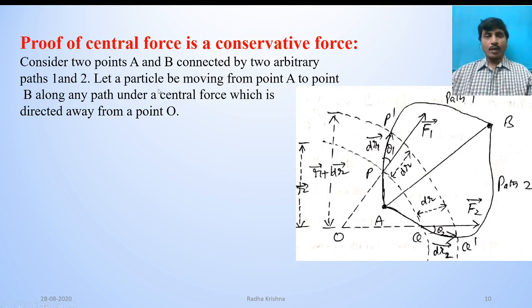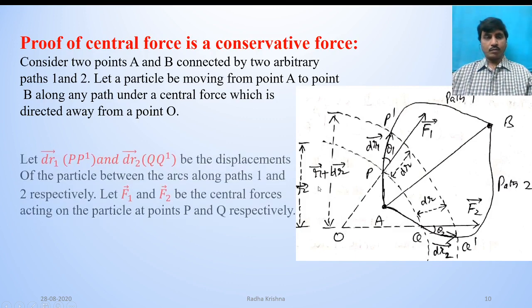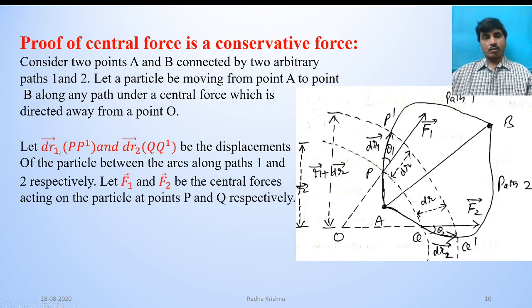Let a particle be moving from point A to point B along any path under a central force which is directed away from point O. Now, F1 bar is a central force directed away from point O and F2 bar is also a central force directed away from point O. Let dr1 bar and dr2 bar be the displacements of the particle between the arcs along paths 1 and 2 respectively.